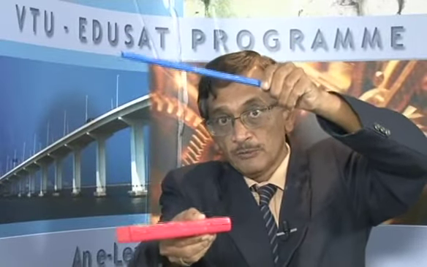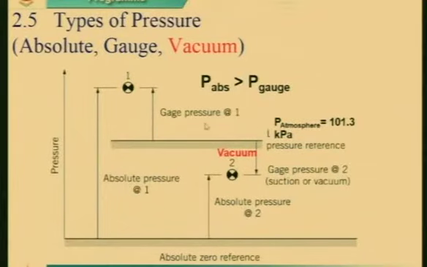Okay. Now, suppose my point is here, above the atmospheric pressure, it is a positive gauge pressure. So, for the point number 1 which is shown here, we get positive gauge pressure at 1, correct. But you see there is one more point called number 2, which is below the atmospheric pressure, in a tunnel.